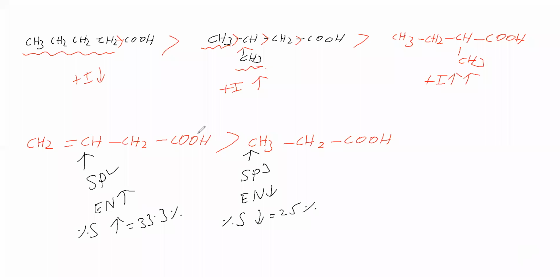The next compound is CH triple bond C, CH2, COOH, a carboxylic acid. The next carboxylic acid is CH2 double bond CH, CH2, COOH. How is the acidic strength? This one has more when compared to this. Why?